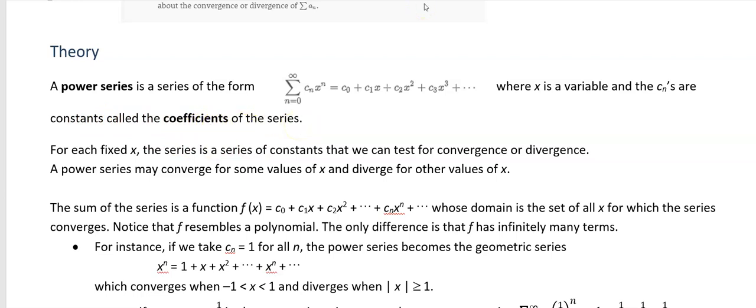So when you see this c sub n, that's actually a coefficient. And then when you see the x to the nth power, that's the variable.